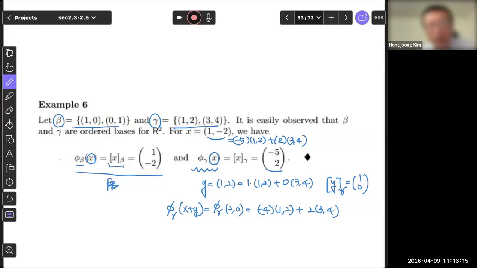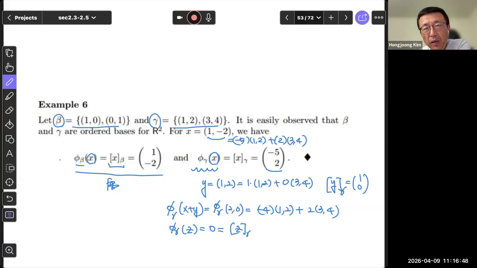And how about one-to-one? If phi sub gamma maps a certain vector z to 0, what does that mean? Then this 0 is the coordinate of z with respect to gamma.